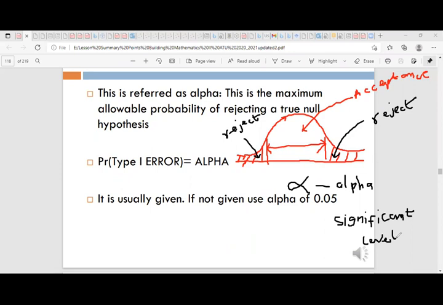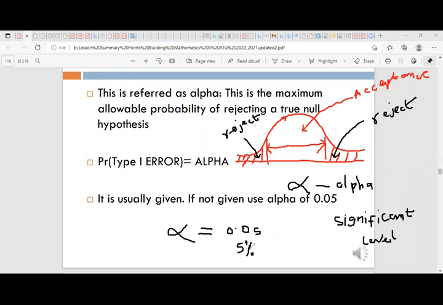But this is what I want you to know. When solving examples, alpha is always supposed to be given in the question, but when it is not given, you make use of alpha of 0.05. 0.05 is the same as 5%, which is 5 over 100.